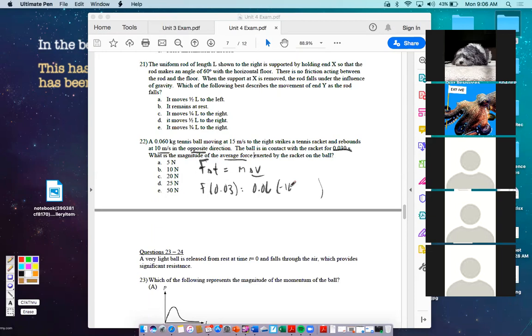So I have to call that negative 10. And originally it was moving 15 to the right. We always want right to be positive. So left, negative 10, is negative. Final minus initial, that will allow you to find the size of the force. The answer is E, 50 newtons is what I got. Okay.